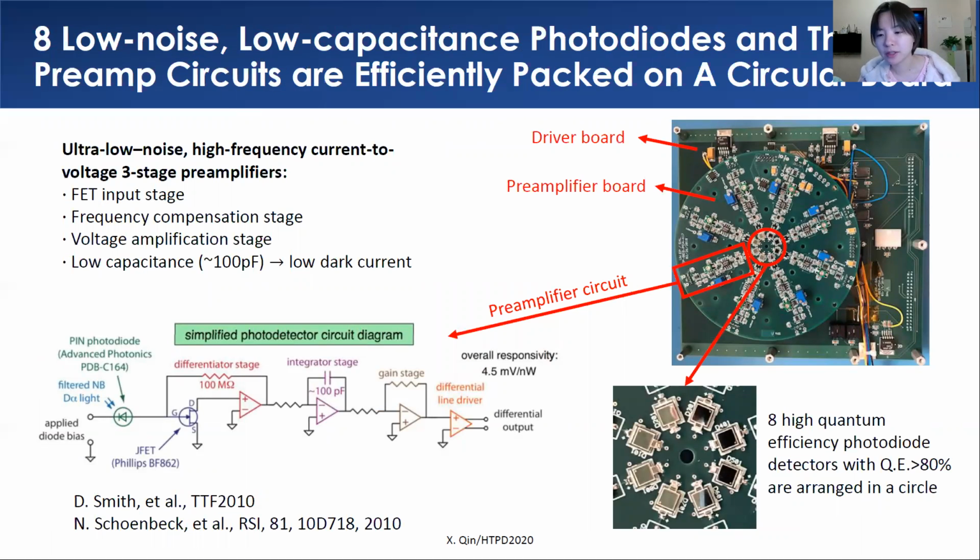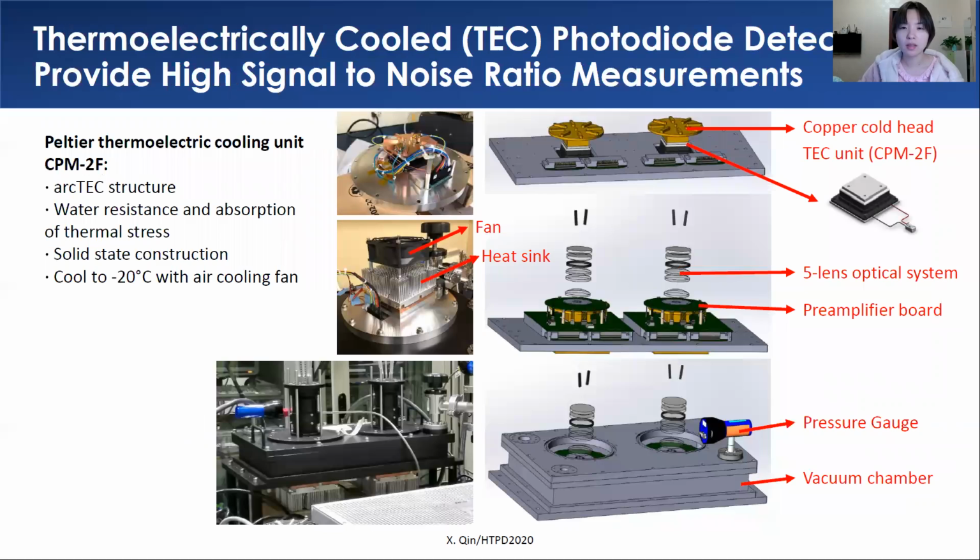8 high quantum efficiency photodiodes are arranged in a circle. Their preamplifier circuits are packed onto a circular board. The detector is cooled by a TEC unit down to negative 20 degrees Celsius with air cooling fan.